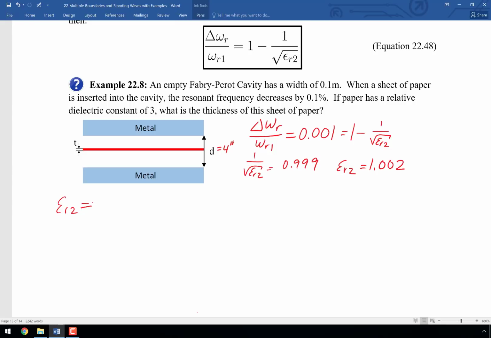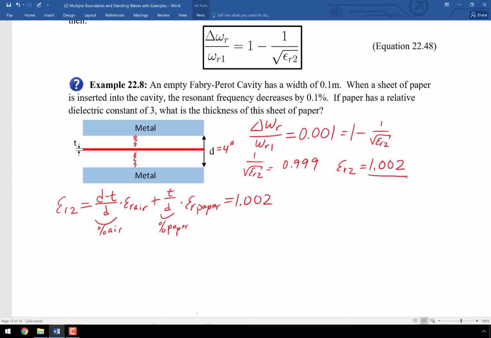So epsilon r2 is equal to d minus t divided by d times epsilon r of air. d minus t is everything that is not the piece of paper, so d minus t divided by d is the percent of air, multiplied by the epsilon r of air, plus t divided by d, the percent that is paper, multiplied by epsilon r of paper.